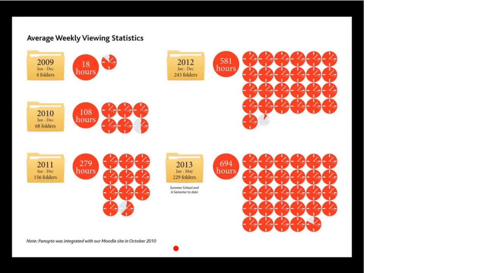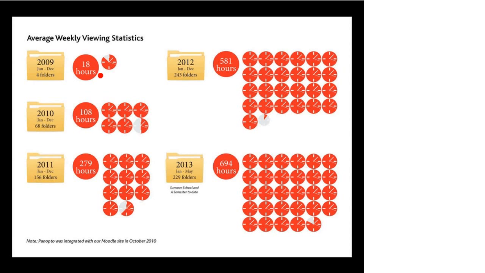So we did some statistics last year, and I've updated them a little bit for this presentation. You can see here the round circle represents 24 hours, and this is average viewing statistics per week. When we first brought Panopto in, in the second half of 2009, we had 4 folders.